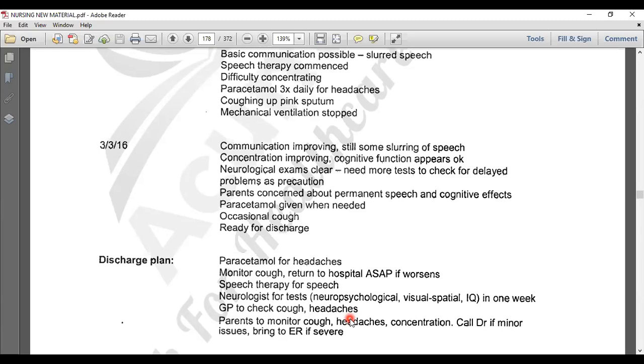So you can't tell them to observe vital signs, because they are hardly going to see the patient once in a week. So it is something that usually the parents or the relatives of the patient would do, and they are instructed to contact the GP if they have any issue, which is very clearly stated here. Parents to monitor cough and headaches as well as concentration, and call doctor if minor issues, and bring to ER if severe.